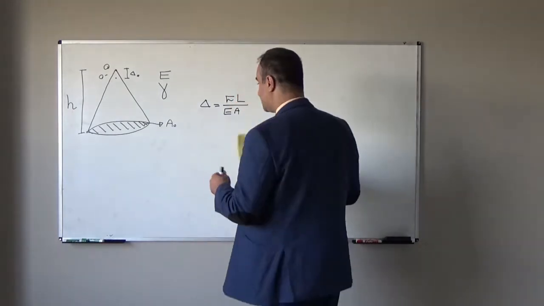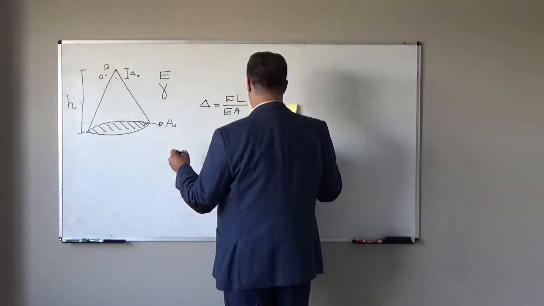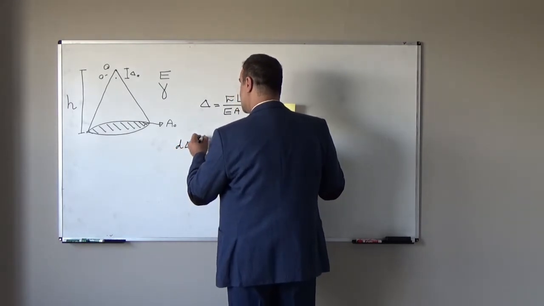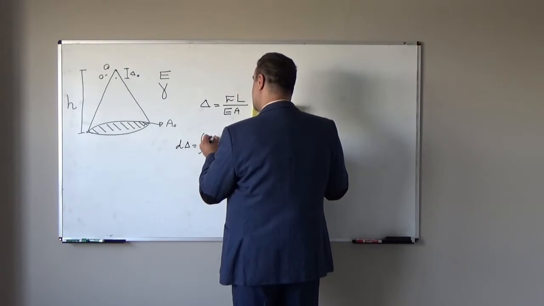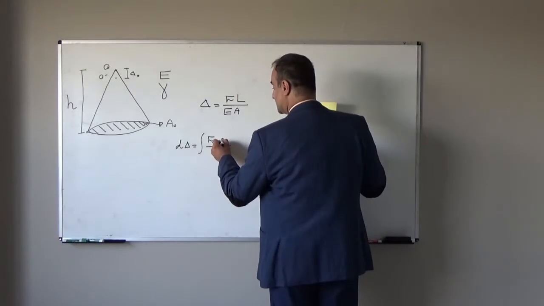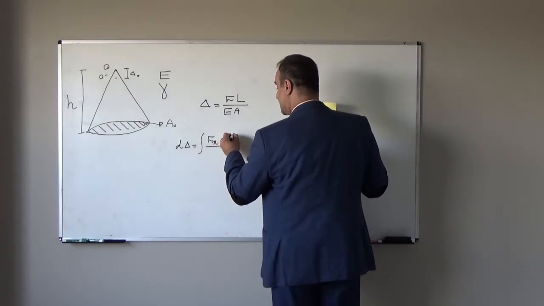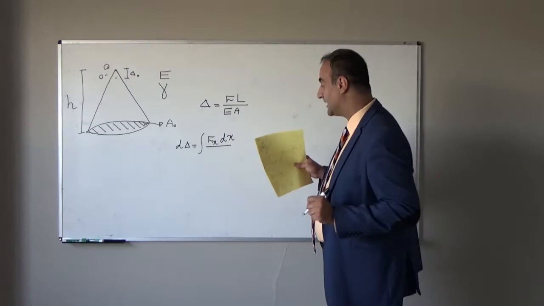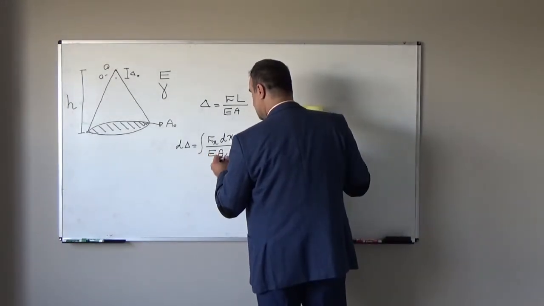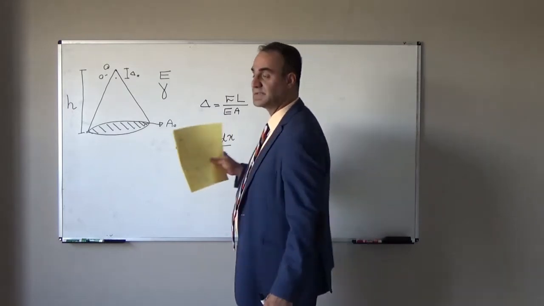So how can I find deformation? Deformation will be the integration of force, which varies as a function of the location x. Instead of L, I will have differential length dx divided by E Ax. Ax is the cross-sectional area.